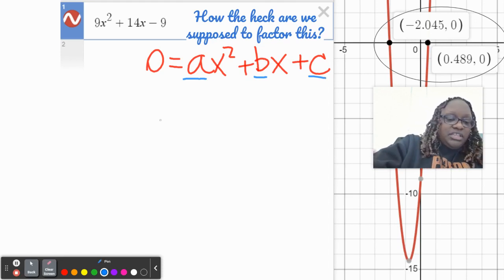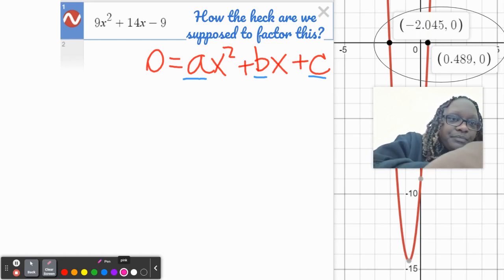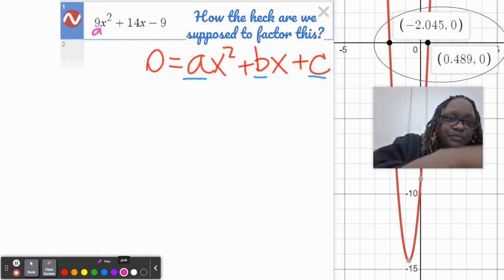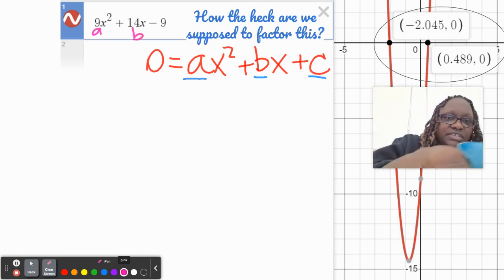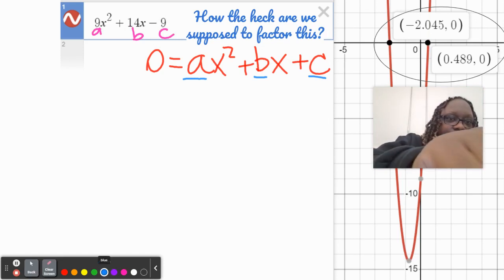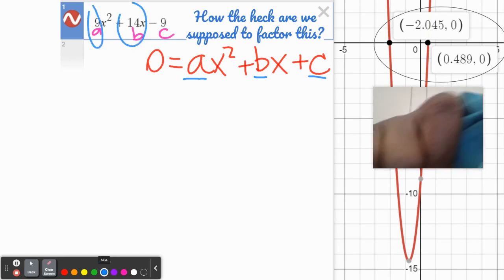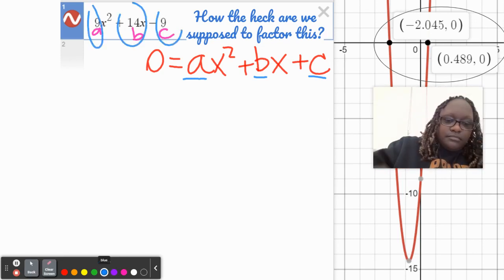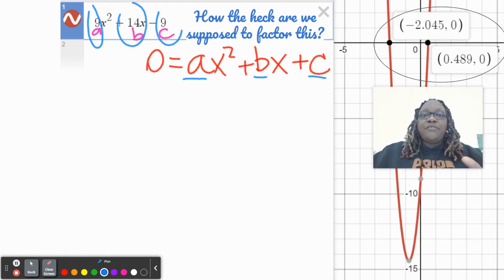So in the function that we have at the top of the screen, A is 9, B is 14, and C is -9. After the mathematicians spent a little while figuring out what x equals, this is what they found.